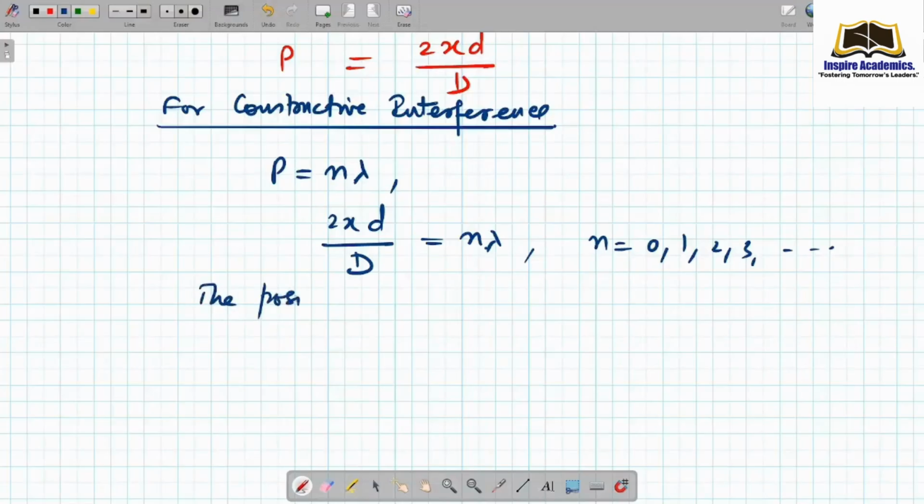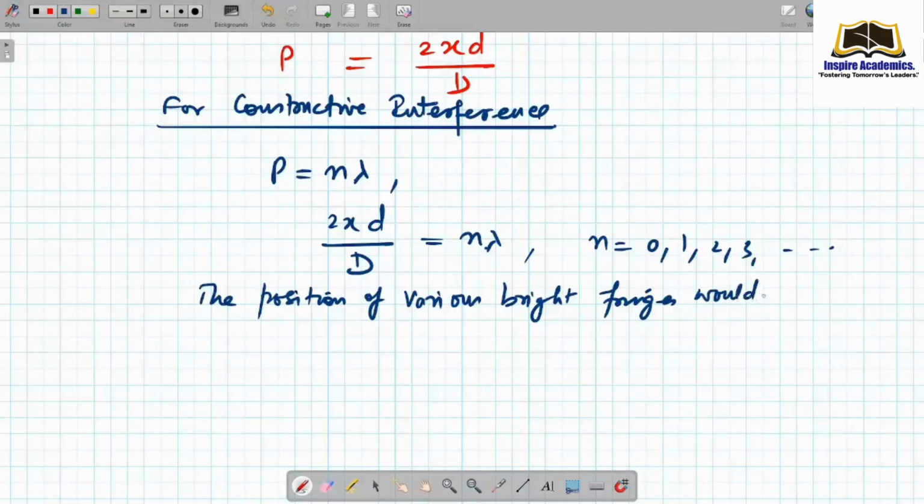The position of various bright fringes वुड बी, पहला कब बनेगा, व्हेन n इज इक्वल टू 0, राइट. सो कहां बनेगा, लेट मी राइट, करस्पॉन्डिंग x विल बी x नॉट, x नॉट वुड बी 0. तो कहां बनेगा, सेंटर पे ही बनेगा बिल्कुल, राइट.